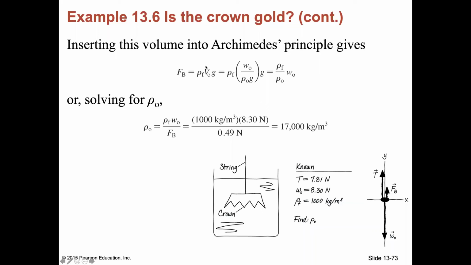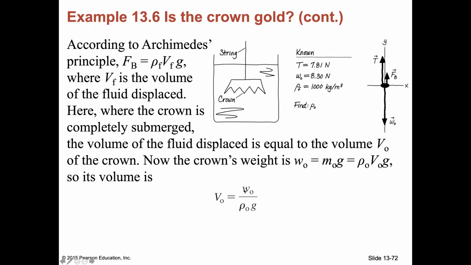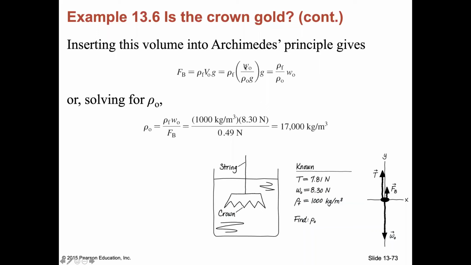If we substitute V naught by the equation here, V naught over rho g is the volume of the crown and also the volume of displaced water. So rho V g equals F_B, the buoyant force. And then g and g cancel, and you will have this equation here.